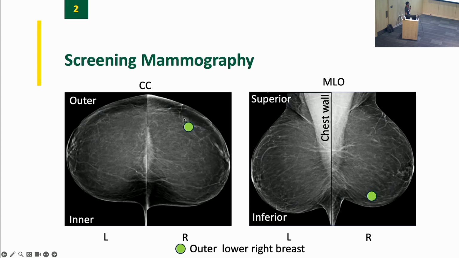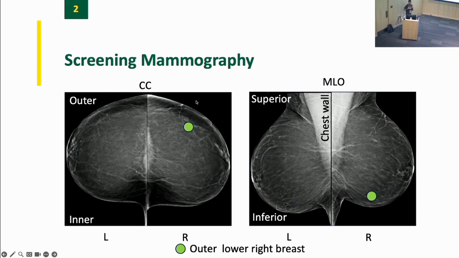On the MLO view, the top of the image is superior and the bottom of the image is inferior. If I have a lesion that I see here and here, this is a lesion in the right breast in the outer quadrant because it's at the top of the CC view. The top of the CC view is the outer portion of the breast. By outer, I mean closer to the arm.